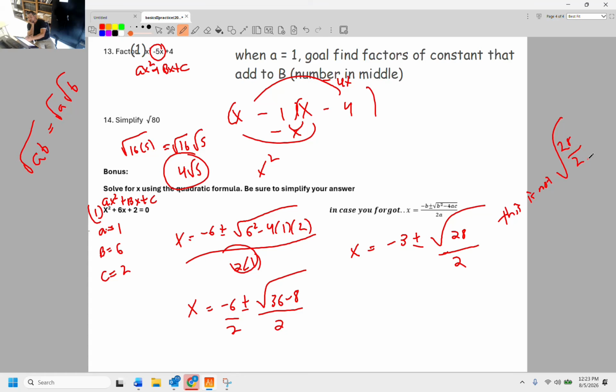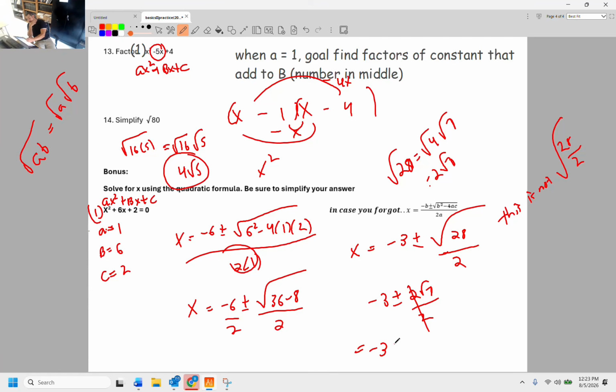What we can do is think about the root of 28 being the root of 4 times the root of 7, because we learned our multiplication tables in 2nd and 3rd grade. And root of 4 is 2. So let's see what I have now. I have negative 3 plus or minus 2 root 7 over 2. The 2's cancel.